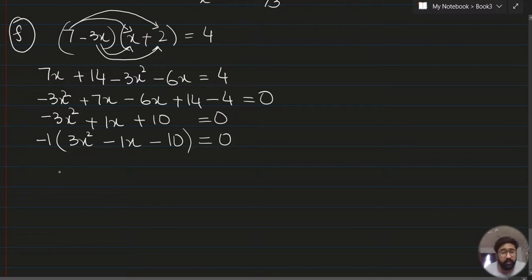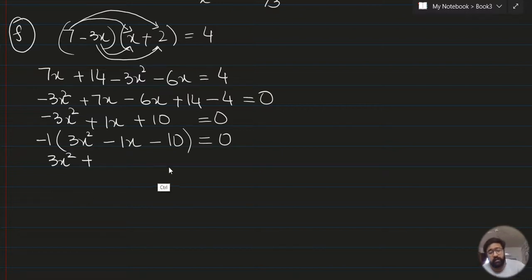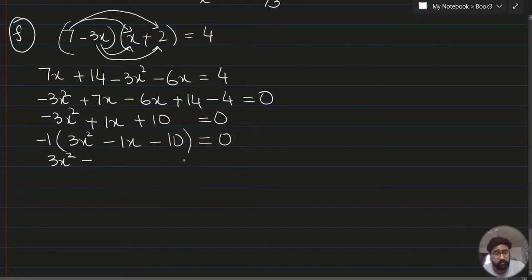So it will become minus 3x square minus 1x minus 10 is equal to 0.